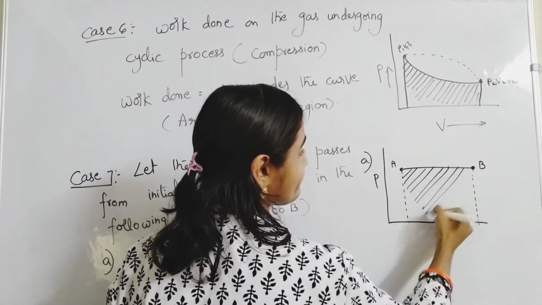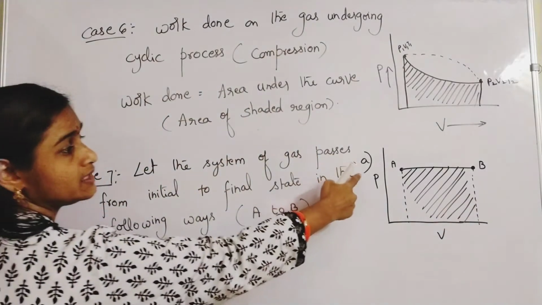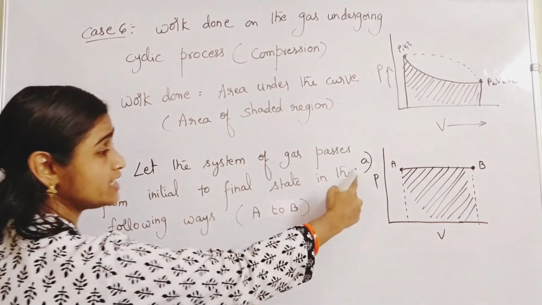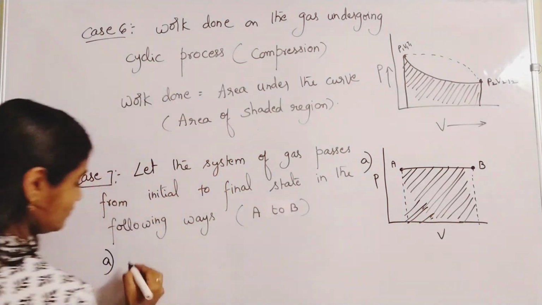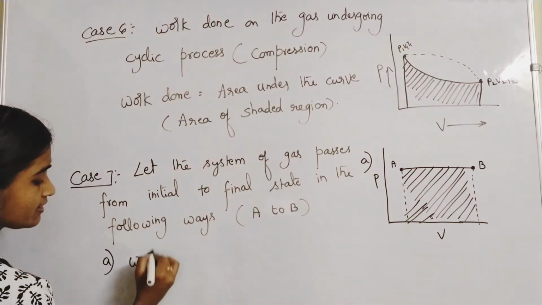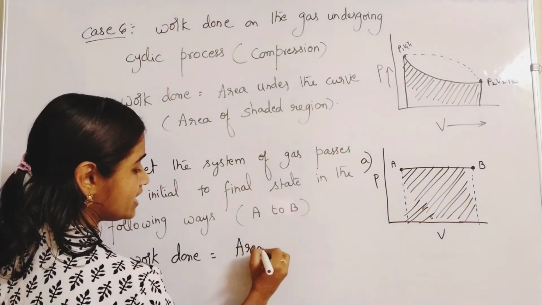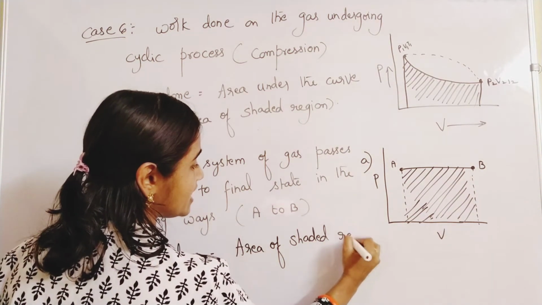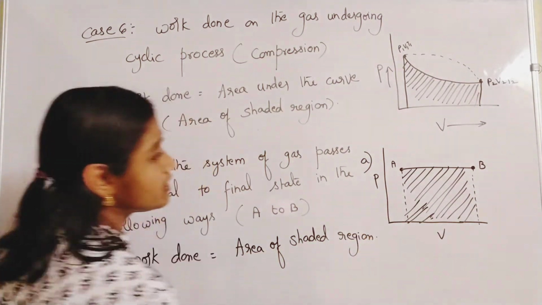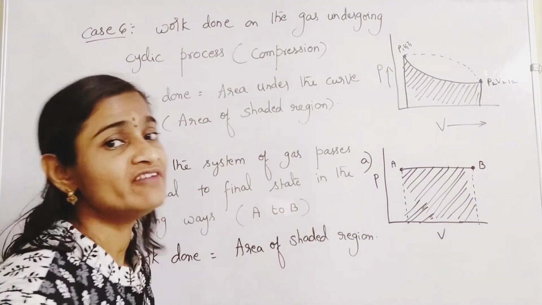Isn't it? So in this case, A, I have written here, A. In this case, work done is equal to what? Same: the area of the shaded region. Suppose the same points A and B are given in a different way.